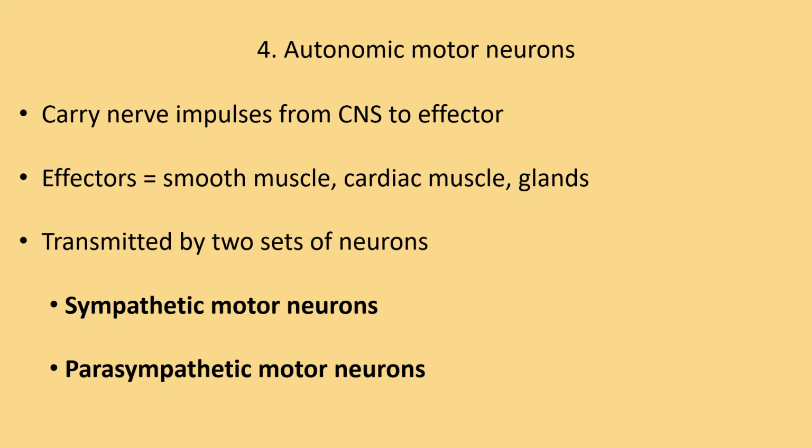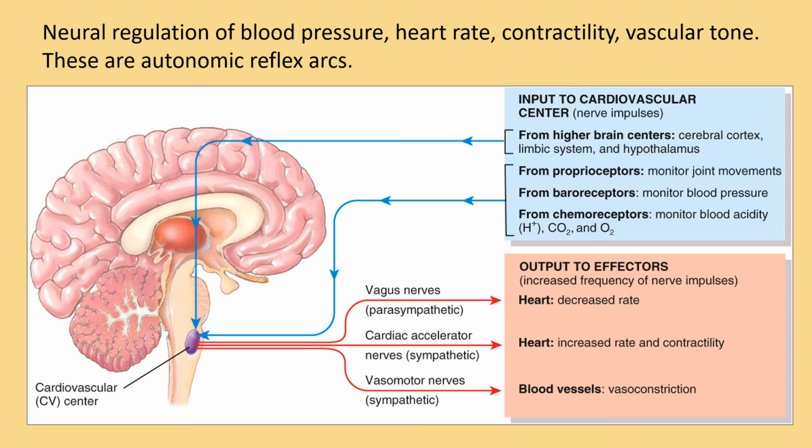There are sympathetic motor neurons and parasympathetic motor neurons. On the right, we see a sagittal section of the brain with the cardiovascular center highlighted in purple. And we can look at the sensory inputs, and the sensory neurons or the pathways are highlighted in blue, and the motor outputs, the motor neurons, are highlighted in red.